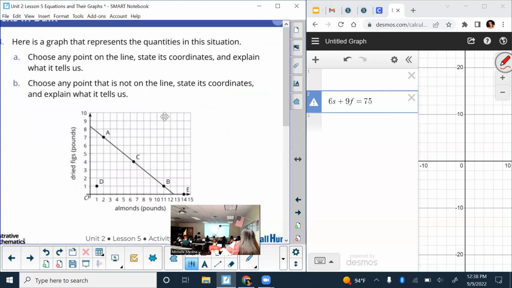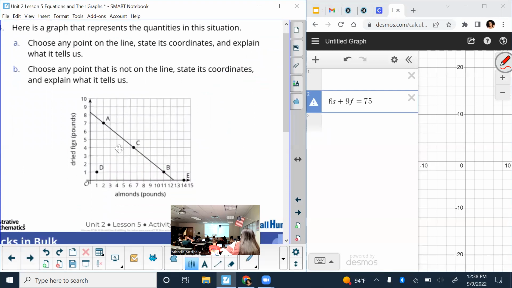The graph that is also printed on your paper has what as the x-axis? The almonds, right? So X to the left, that's the one that goes from left to right, the x-axis. Y to the sky is the one that goes up and down.